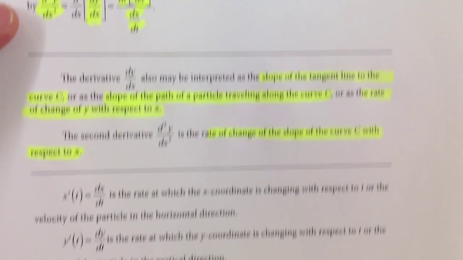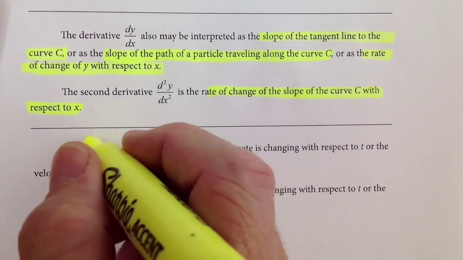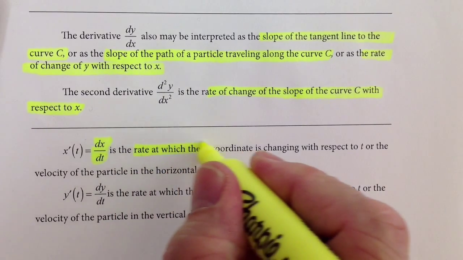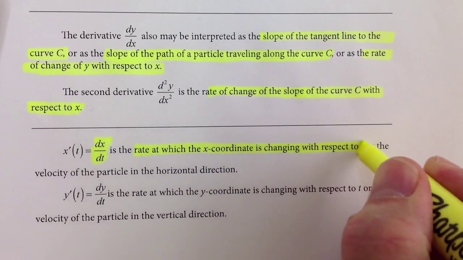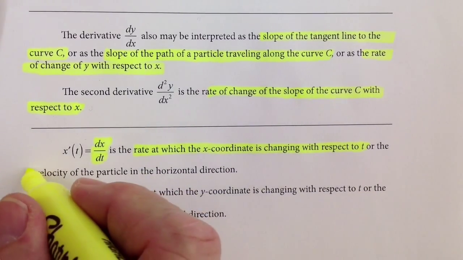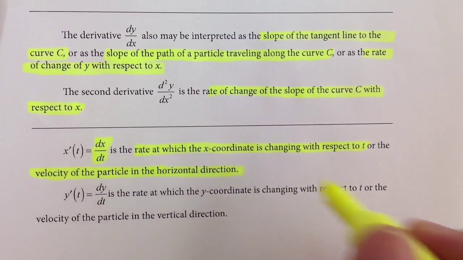Okay. And then a couple other things to keep in mind: dx/dt is the rate at which the x-coordinate is changing with respect to t, or if you want to look at it as velocity, the rate at which the velocity is changing in the horizontal direction.